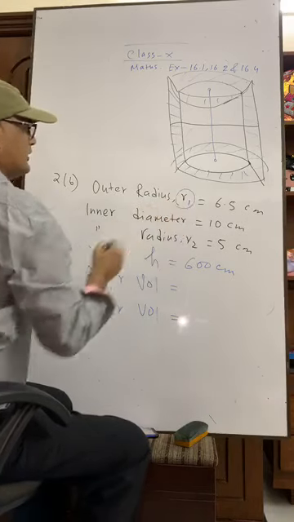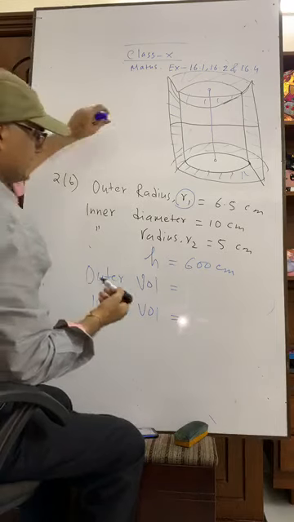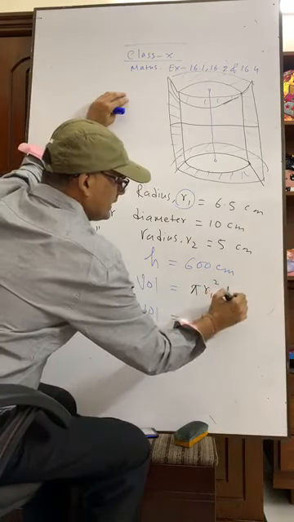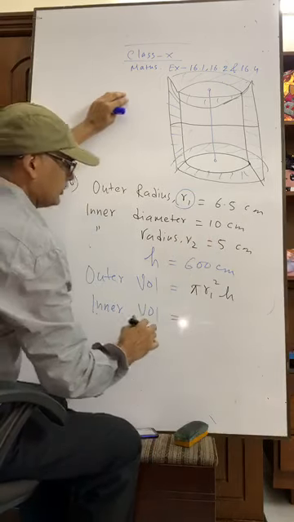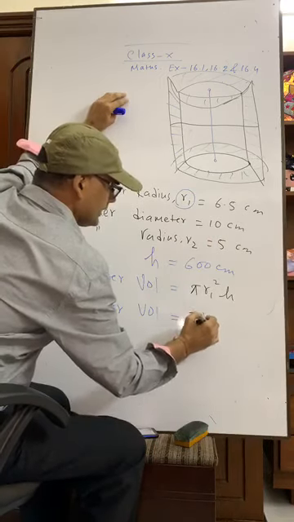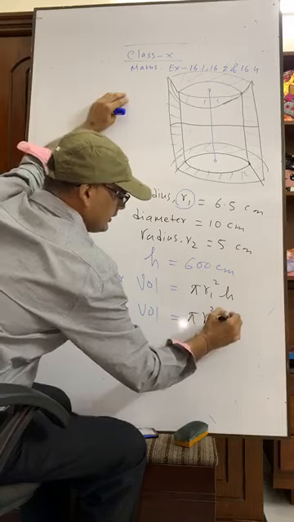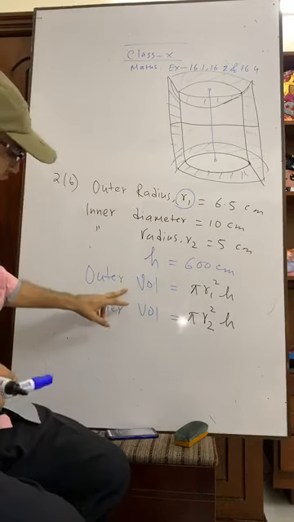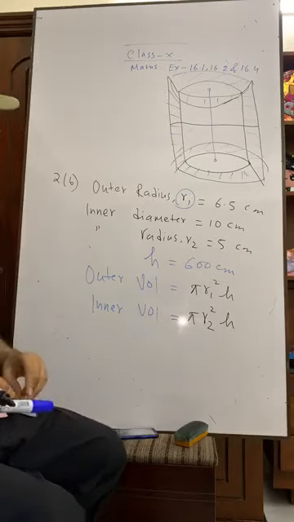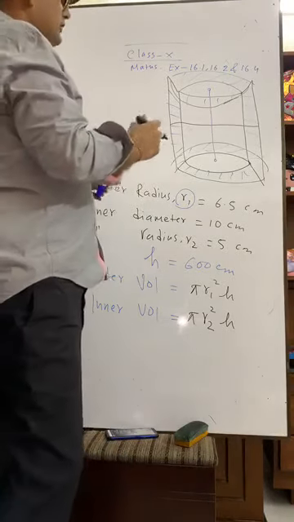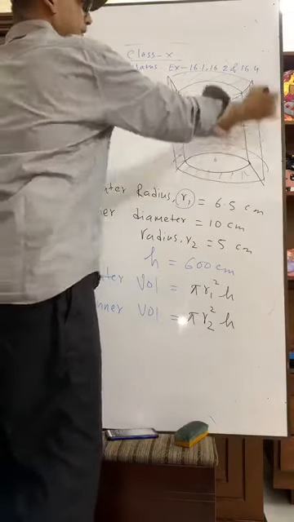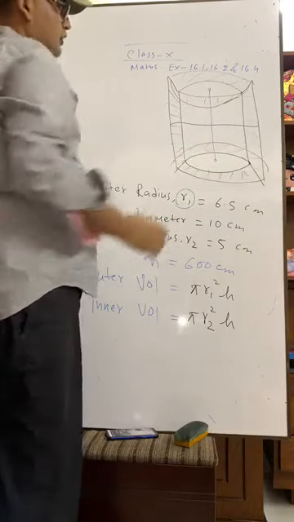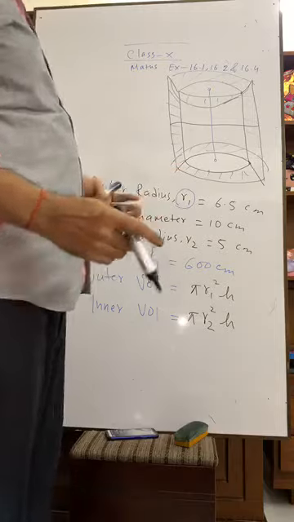So we can write pi R1 square h, and inner volume, what? Pi R2 square h. Please try to understand. This is the outer volume and this is the inner volume. Outer volume is the whole part, and inner volume is this hollow part.